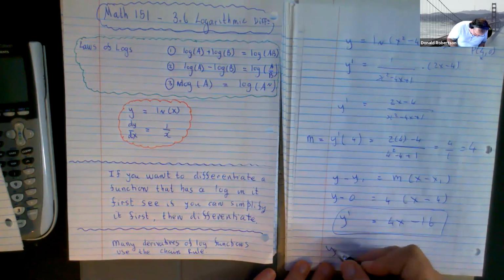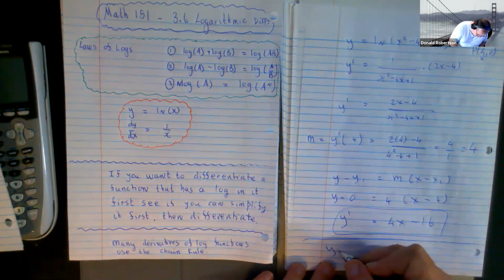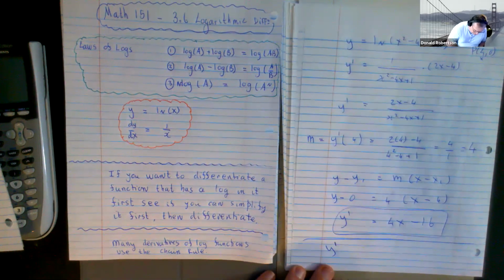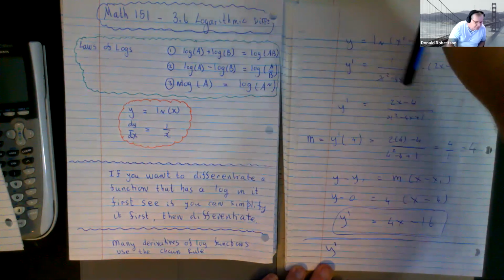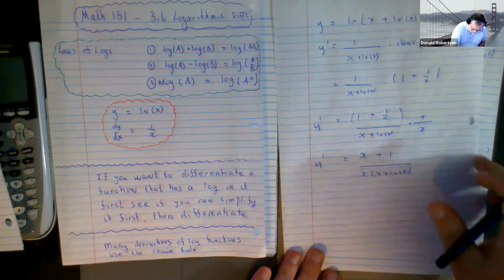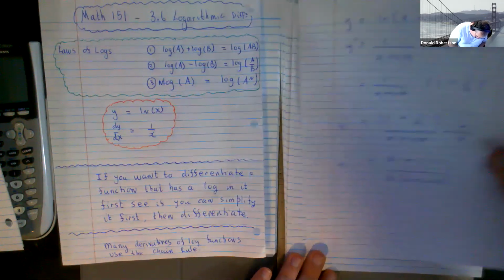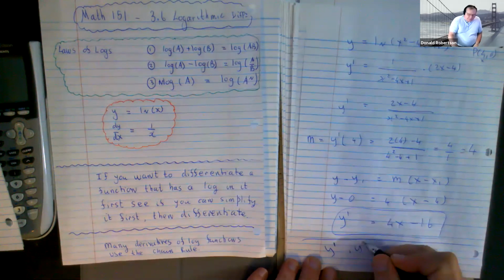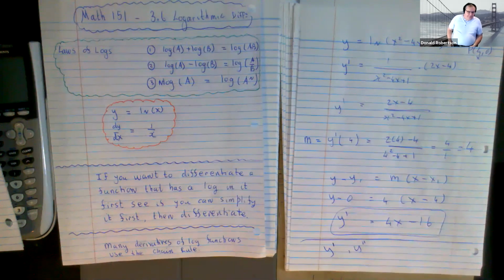Right, now I won't do it, but different question. Can you imagine I've got a function and I find its first derivative, maybe this one? How do you find the second derivative? If you find the first derivative, what do you do to get the second derivative?